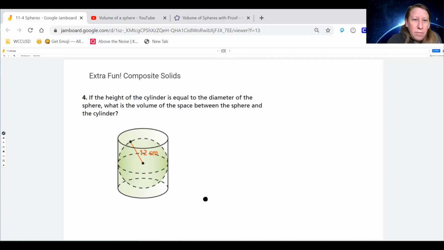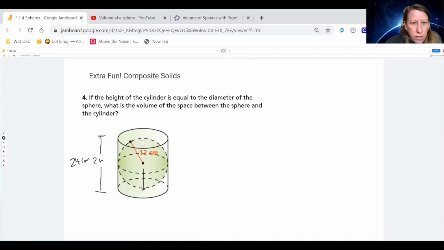Okay. This is going to be the diameter, which is 2 radii. Do we know the radius? Radius is 12, so this is going to be 24 centimeters. You can see that if this went straight up to the top and straight down to the bottom, the height of this cylinder is going to be 24 centimeters.